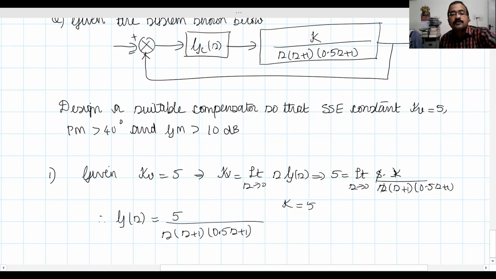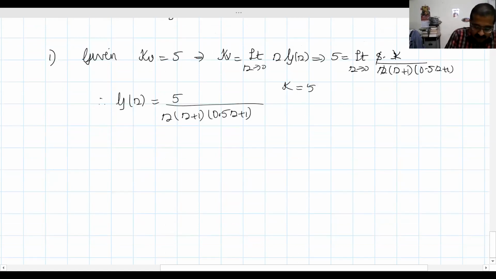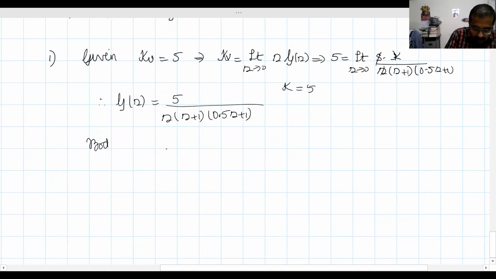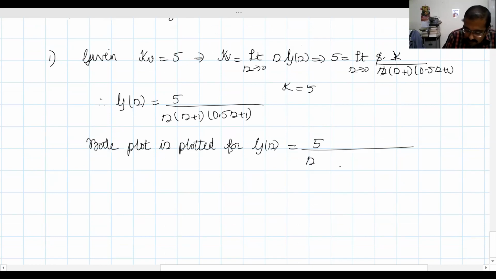Now we have to plot the Bode plot for this transfer function, G of S equals 5 divided by S into (S plus 1) into (0.5 S plus 1). This being a simple transfer function, if you want, you can calculate also.